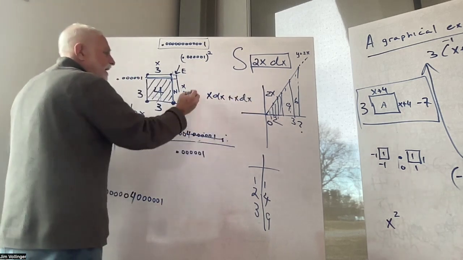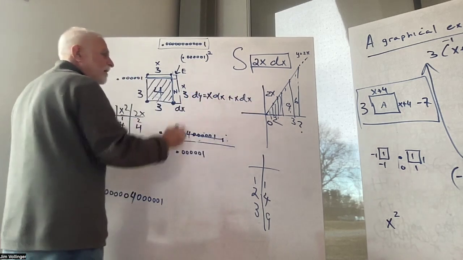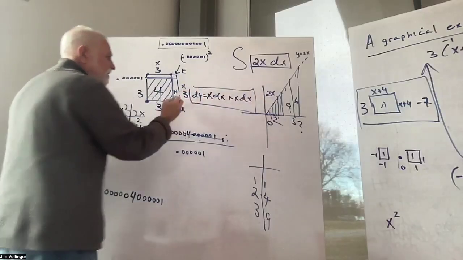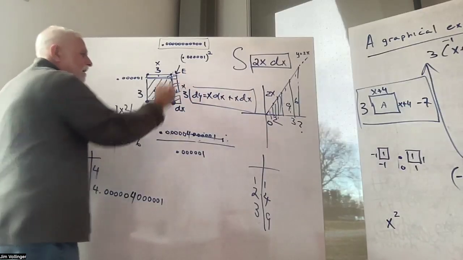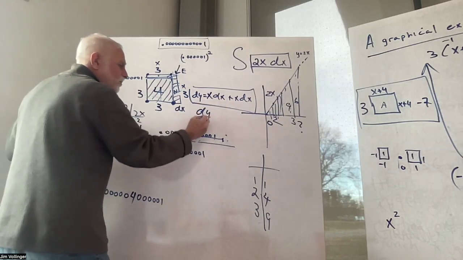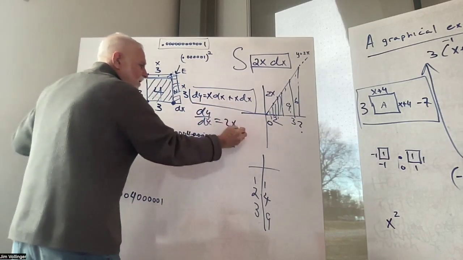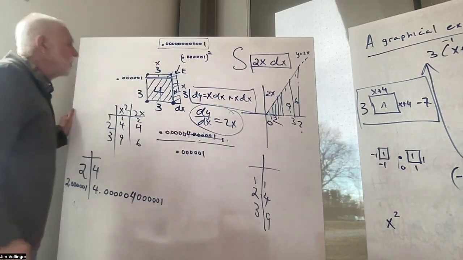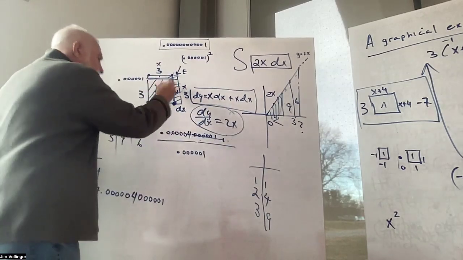And if I get that, I get the change in y, the change in the area, right? That's my new area. And if I factor out the dx and divide it to the other side, I get what's called the derivative. And that's a formula that finds how things are changing for the function x squared.